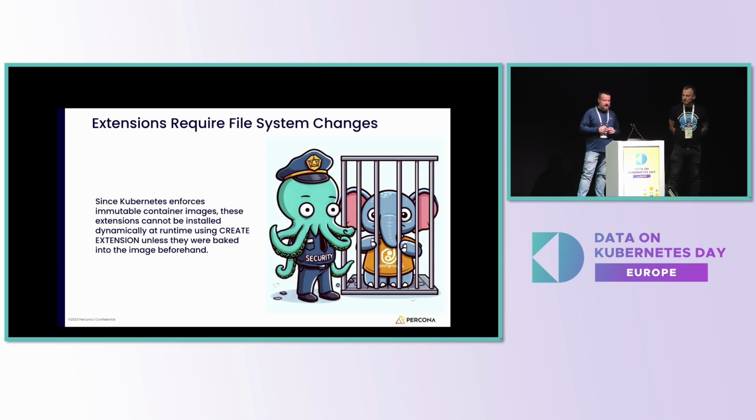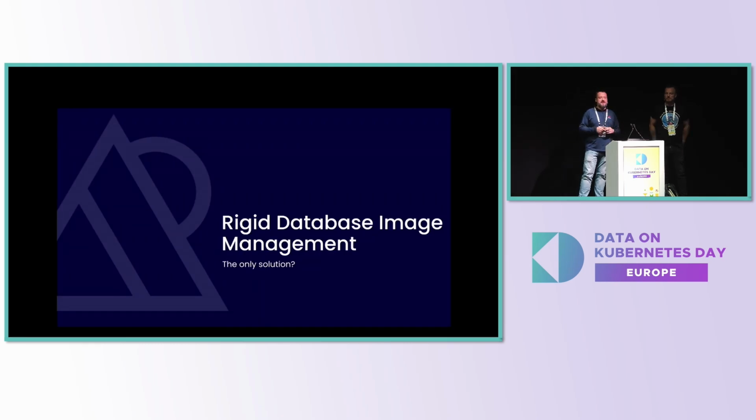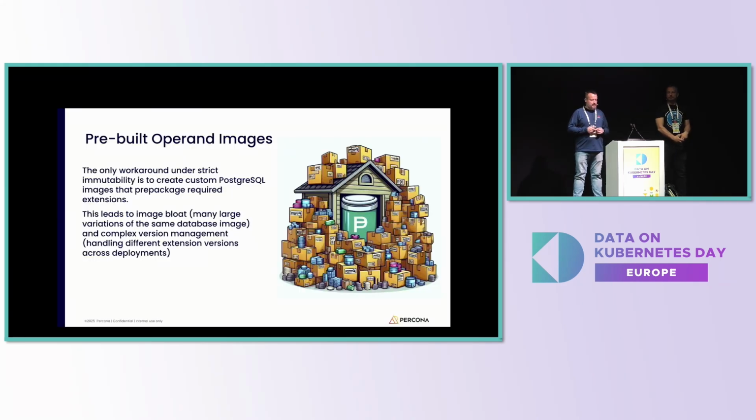So let's talk right now a little bit about what the options are. What are the solutions that we have? Well, the first one that comes to mind is rigid database image management. I just bake all the extensions into my PG images, and then when I deploy, I always know that they are there, right?